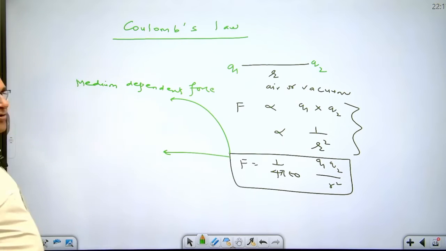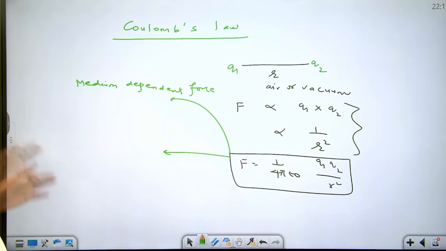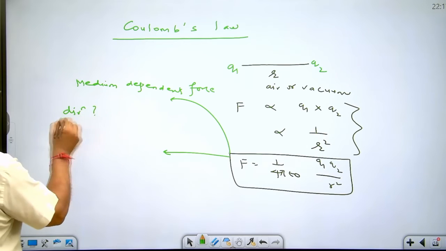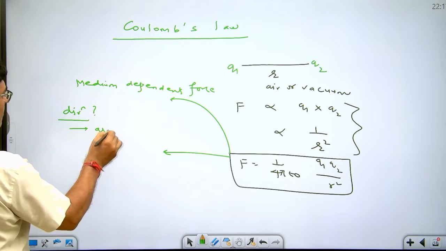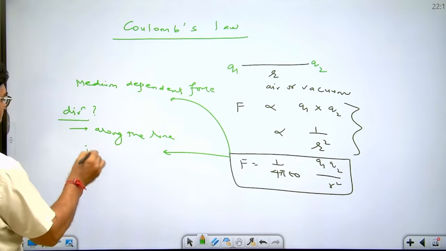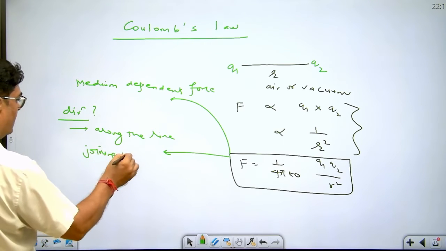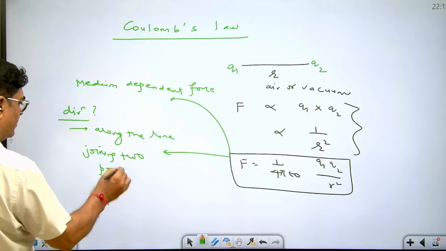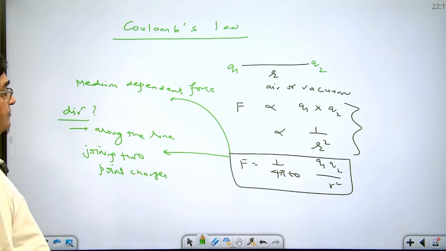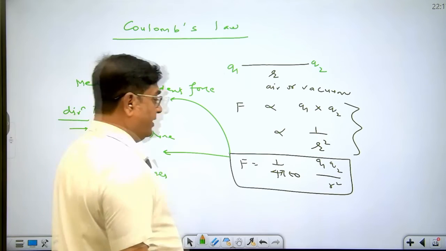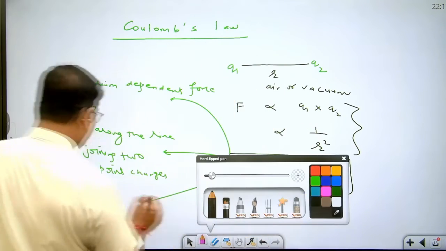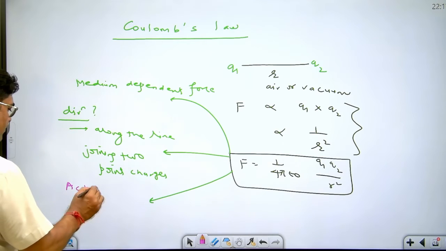The direction of electrostatic force always remains along the line joining the two point charges. And this is an action reaction force.